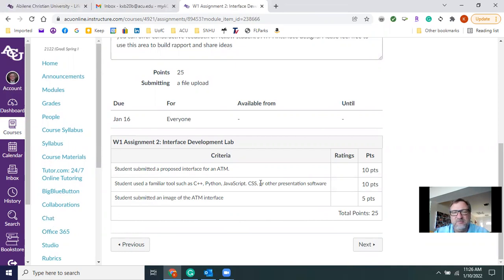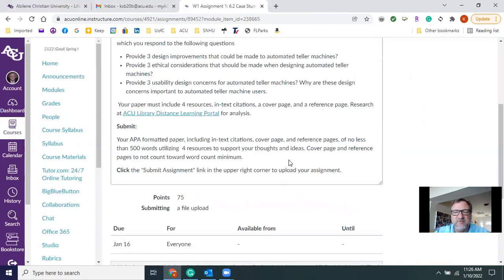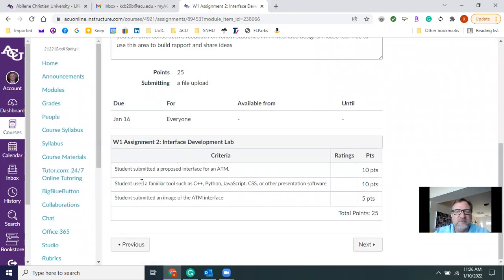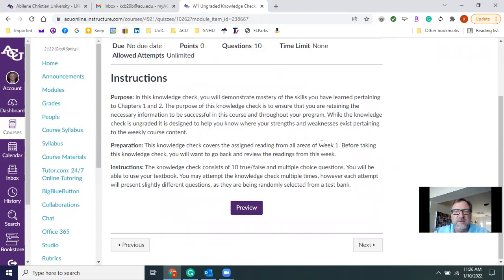This is to give you some knowledge and experience with interfaces, and to get you thinking about what considerations you make when designing an interface. The previous assignment is worth 75 points, this assignment is worth 25 points, and the tools are only worth 10 points for the use of C++ and Python. I just don't want you to get frustrated with that lab.